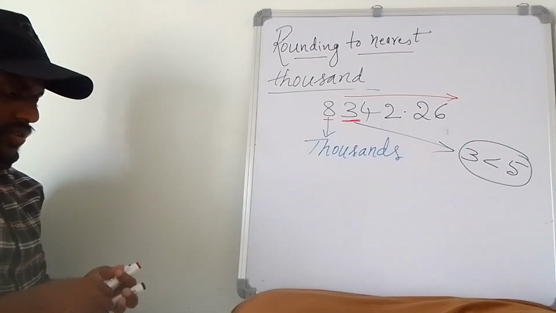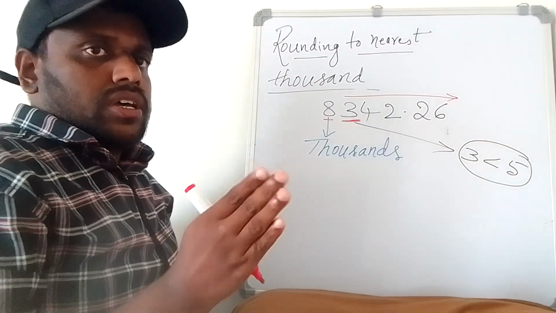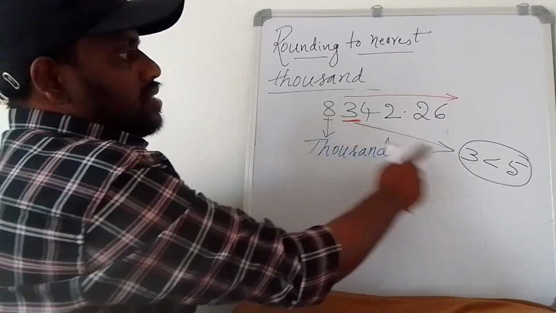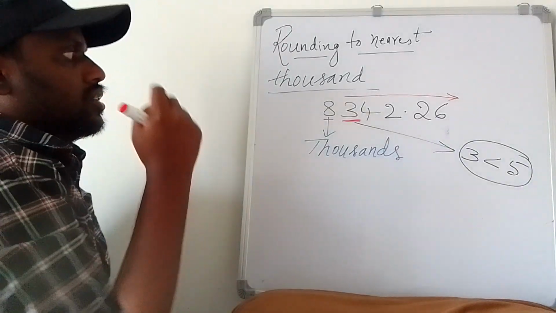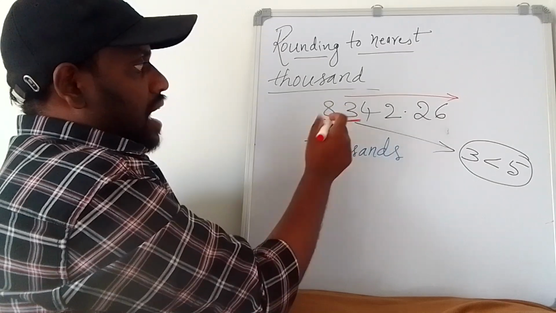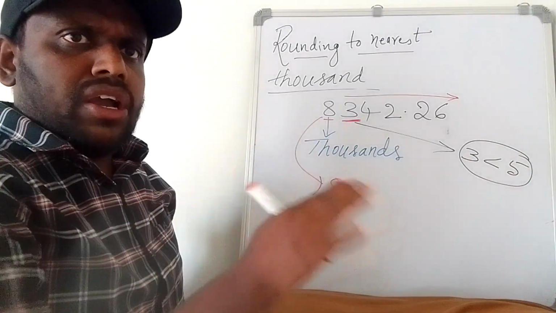Now the procedure is, since this 3 is less than 5, you can keep this thousands digit as it is, and make all other remaining digits zeros.